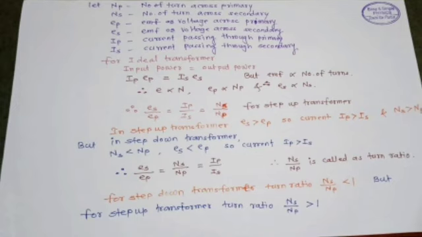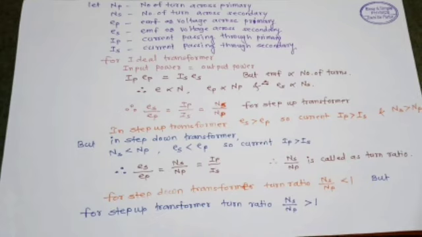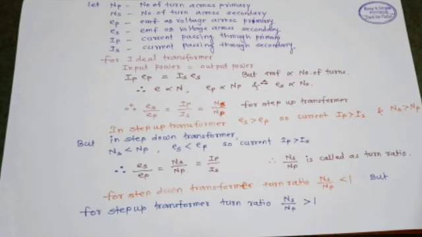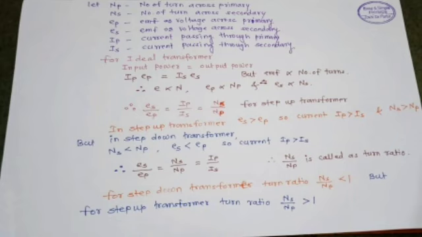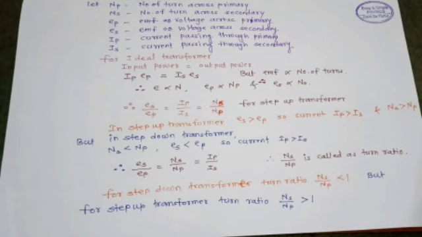ES upon EP equals IP upon IS equals NS upon NP for a step-up transformer. In a step-up transformer, ES is greater than EP. So current IP is greater than IS and the number of turns in the secondary is greater than the number of turns across the primary. But in a step-down transformer, NS is less than NP, ES is less than EP, so current IP is greater than IS.